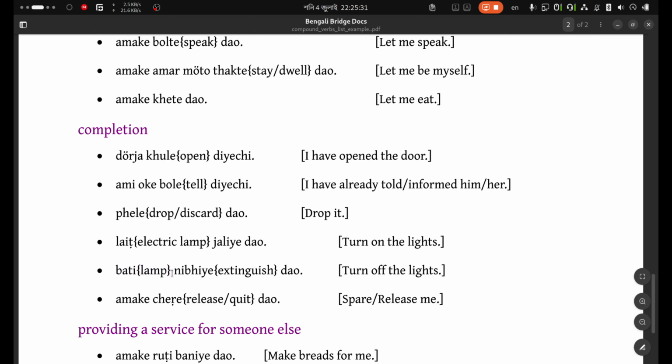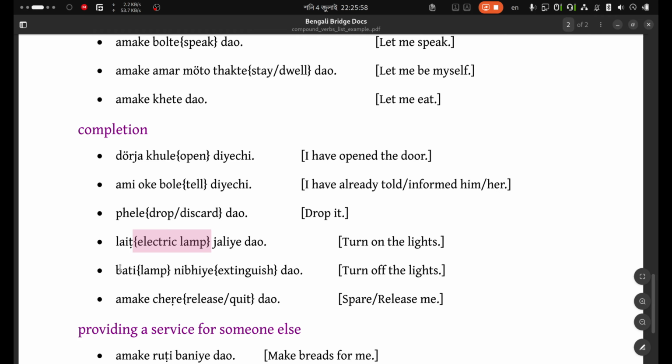Bati can mean a lamp. I have to say this: light always means electric lamp. If you use the English word light, the word borrowed from English, it would always mean an electric lamp.